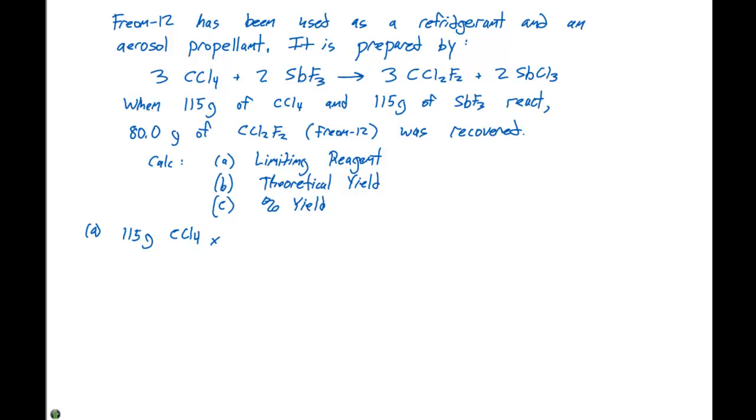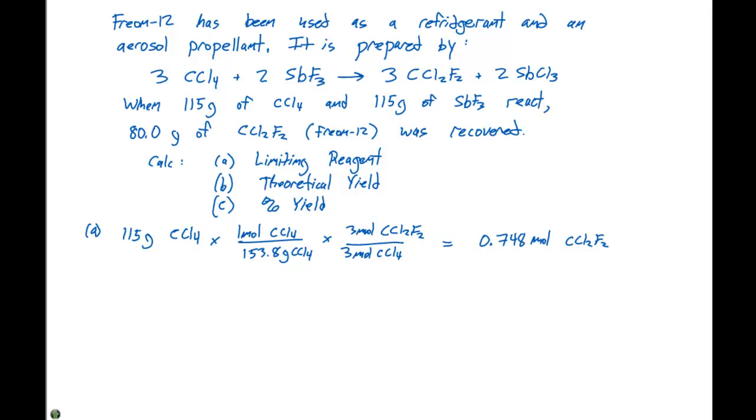From the periodic table, we know that 1 mole of CCl4 is equal to 153.8 grams. From the balanced chemical reaction, for every 3 moles of CCl4 that are consumed, 3 moles of the CCl2F2 are produced. This is going to produce a total of 0.748 moles of the Freon 12.